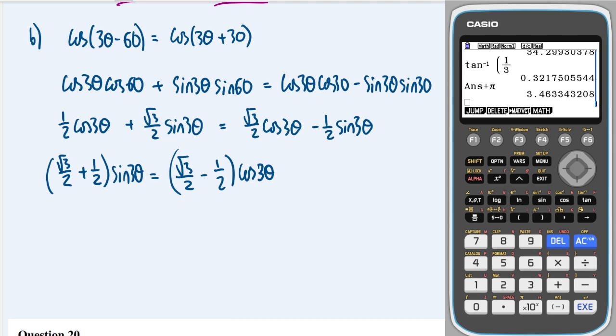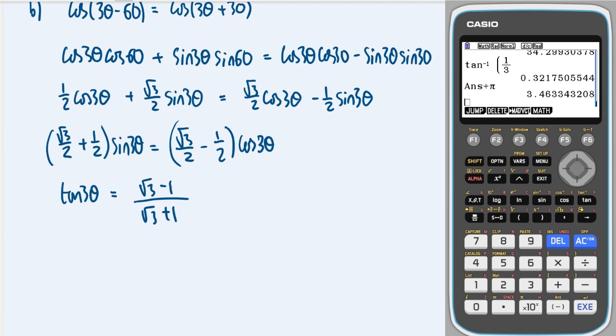Okay, and then we can divide both sides by cos 3 theta and divide both sides by root 3 over 2 plus a half. So that will give us tan 3 theta on this side. Actually, sorry, what I'm going to do first, I'm going to multiply everything through by 2. So that will give me root 3 minus 1 all over root 3 plus 1.